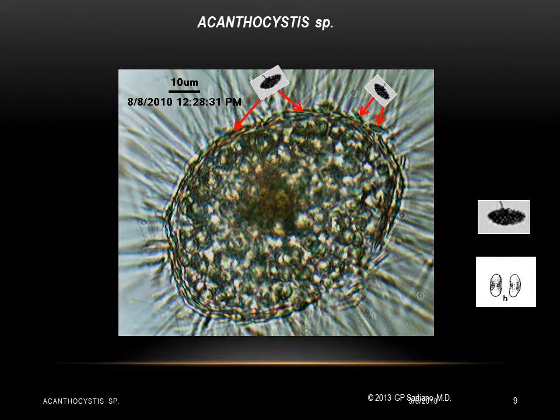The outer surface of the body of Acanthocystis possesses numerous flat, sharply ellipsoidal scales, which are closely adjacent or overlapping or tangentially positioned.